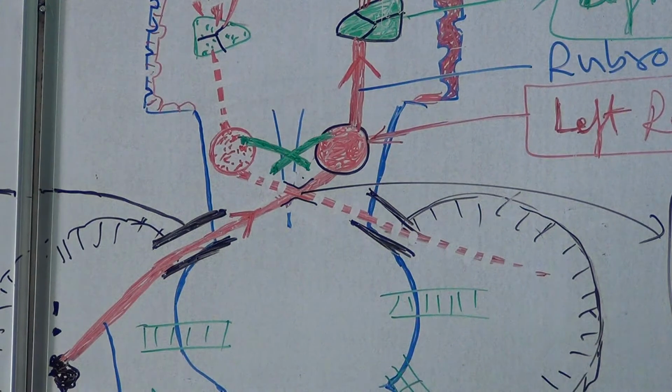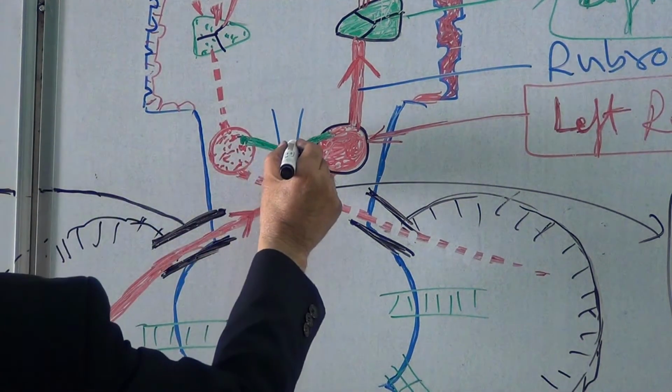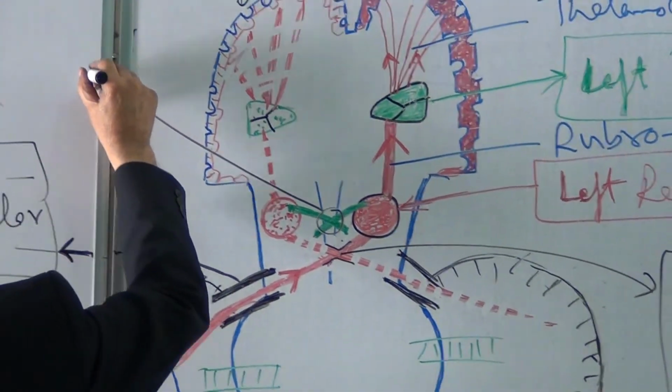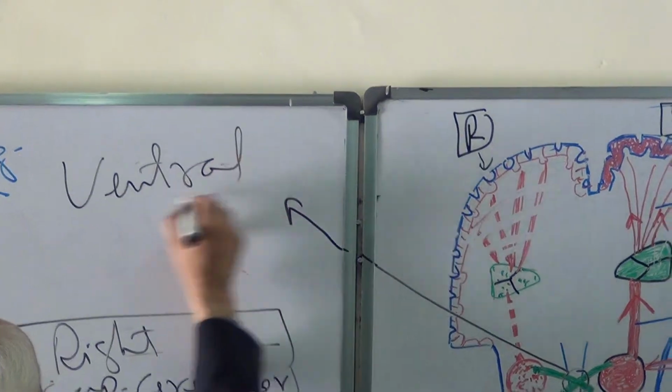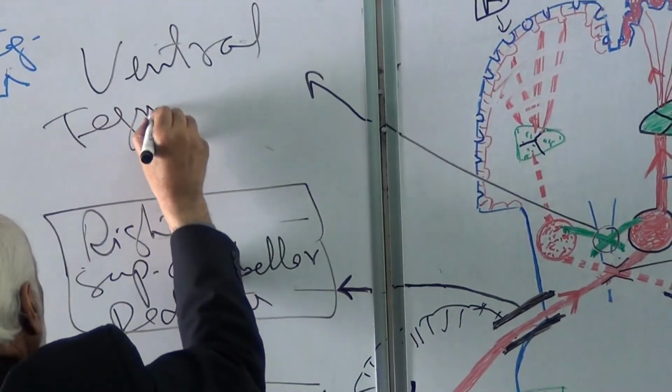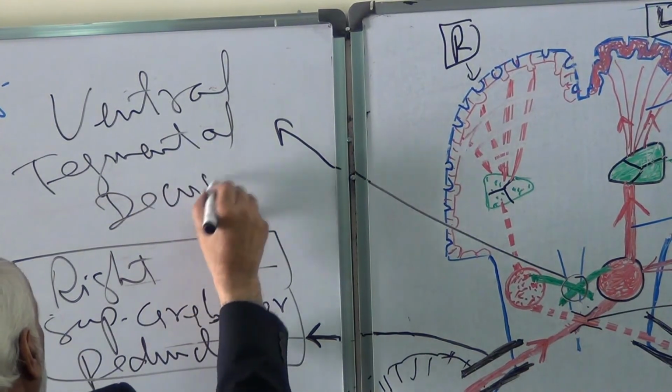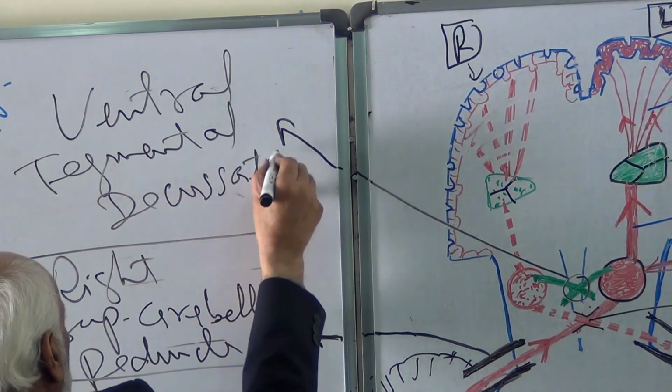Now what is this crossing? This is the ventral tegmental decussation.